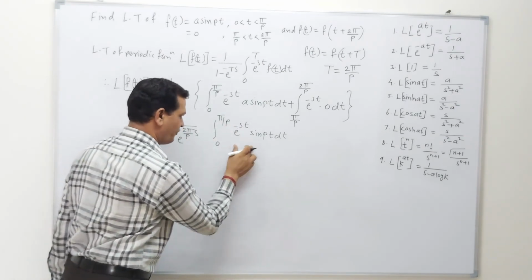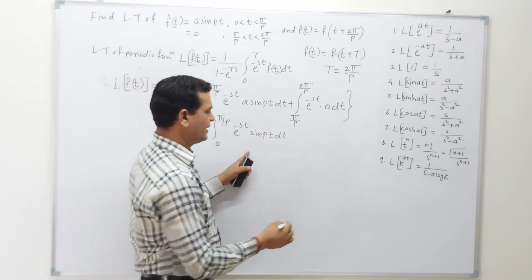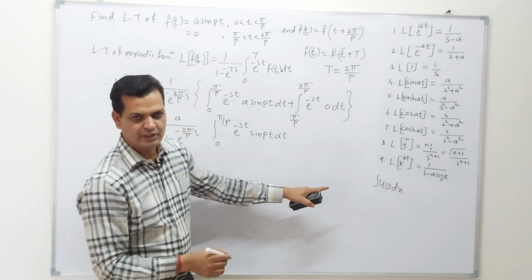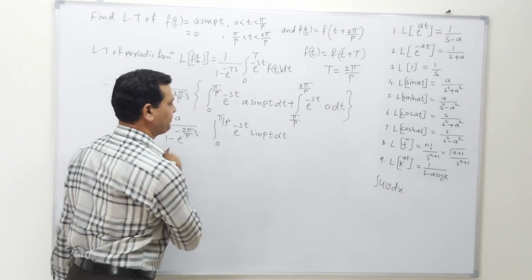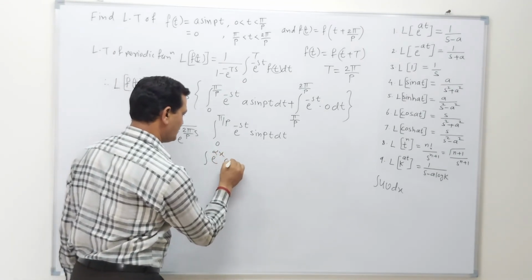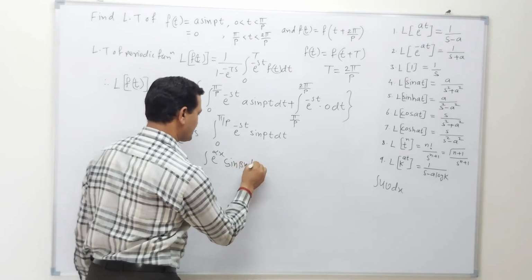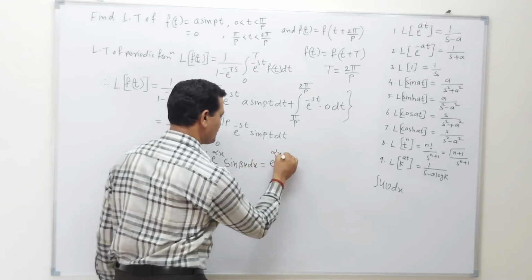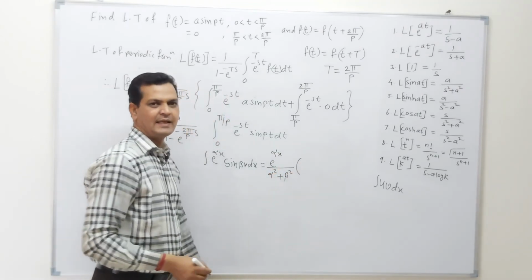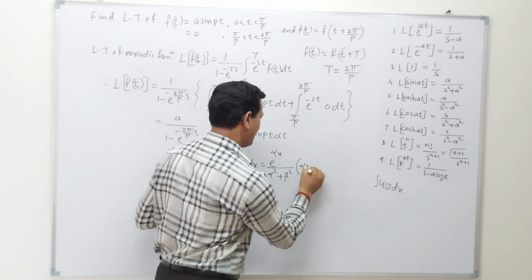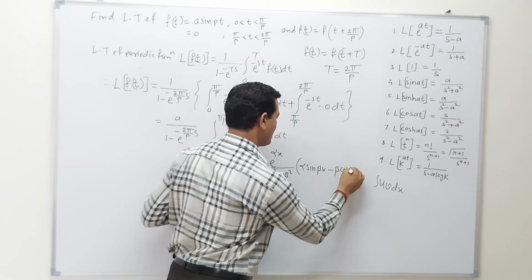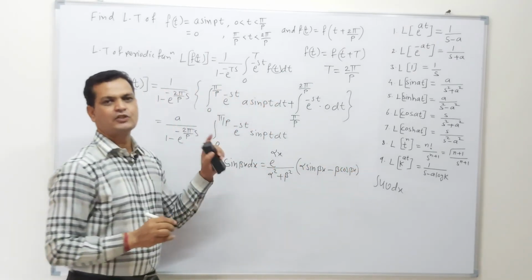Now, to find the integration of this term, the general rule for integration by parts is not valid. So in this case apply this rule: integration of e raised to αx into sine βx dx is equal to e raised to αx upon α square plus β square, then in bracket α times sine βx minus β times cos βx.